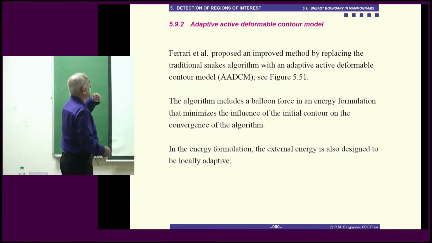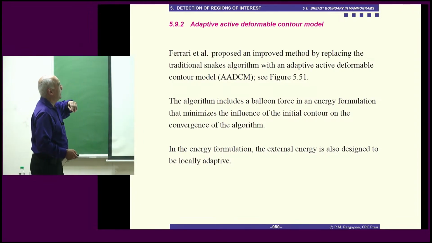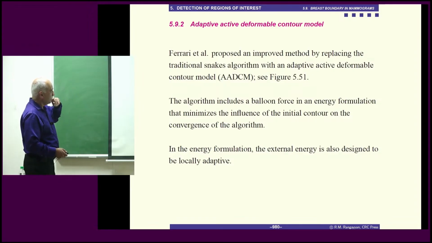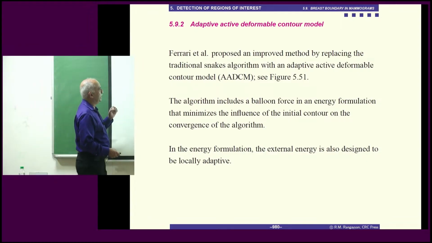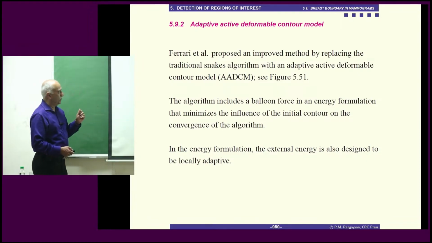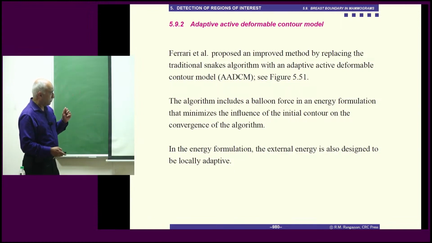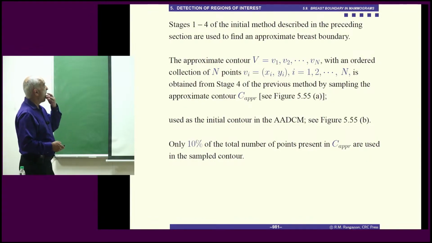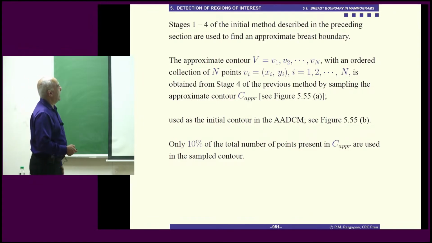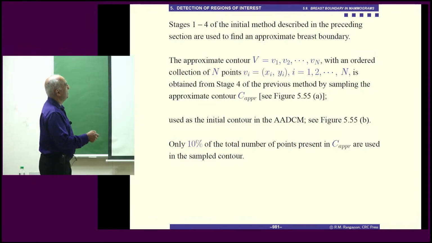So Ricardo came up with another technique called the adaptive active deformable contour model to make it adaptive. It includes what he called a balloon force in the energy formulation to minimize the influence of the initial contour on the convergence of the algorithm. The external energy is also designed to be locally adaptive. So we get an initial contour, and this approximate contour Vn is a collection of, now it is discrete, xi, yi, i going to n.